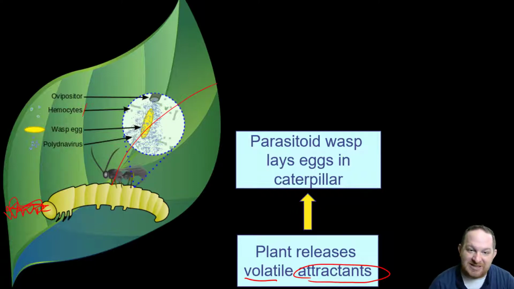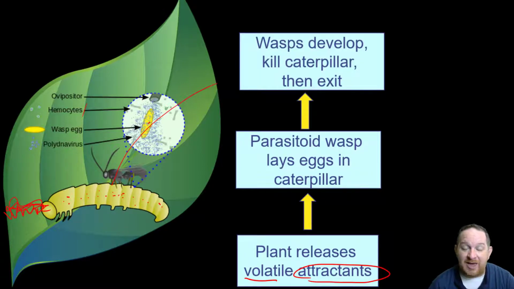They inject, they deposit their eggs within the caterpillar. So the leaf is defending itself. It's saying, I don't want this caterpillar eating me. So it releases an attractant. The wasp comes, it lays its eggs in the caterpillar, and the wasp eggs grow in the caterpillar. So these wasps actually develop.